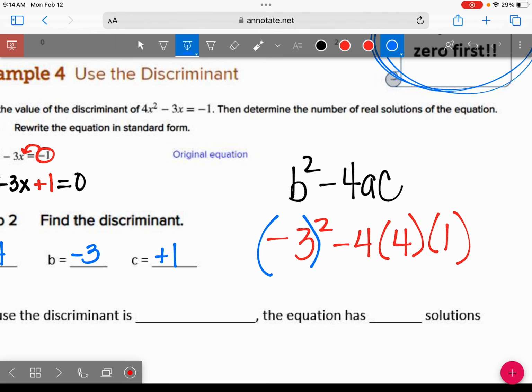So pick up your calculators and I want you to type it in exactly like that. You have to have parentheses and the exponent has to be on the outside. So I want you to type that in your calculator. I'm going to come around and see that we have the right number.